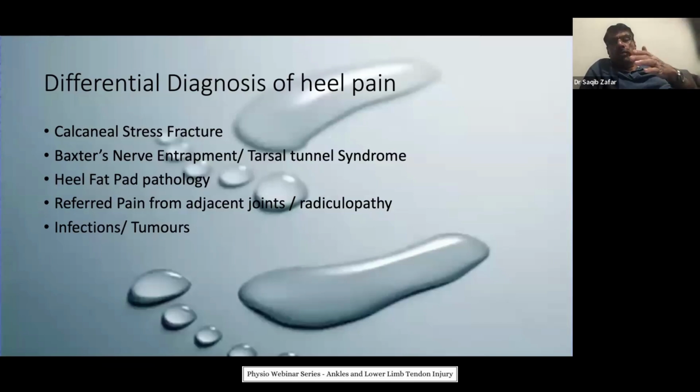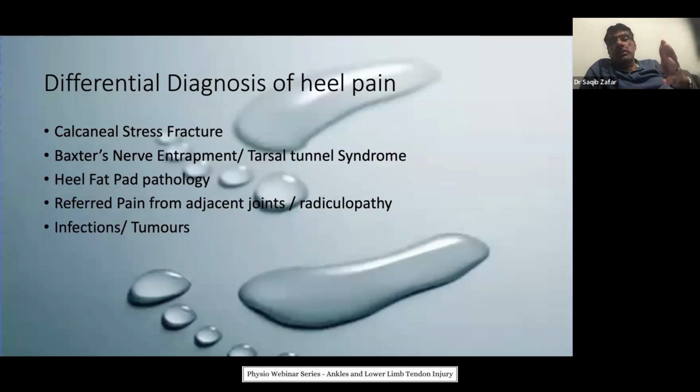In cases of trauma, there can be heel fat pad inflammation or heel fat pad necrosis, and if there's any previous history of trauma, such as if they jumped from a height and landed on a hard surface, that can also cause these issues. And also we need to make sure there's no referred pain from the ankle joint or subtalar joint, or sometimes radiculopathy can present there as well.